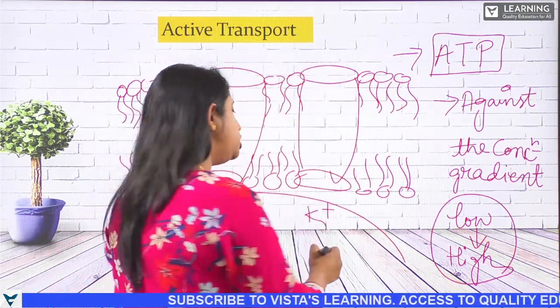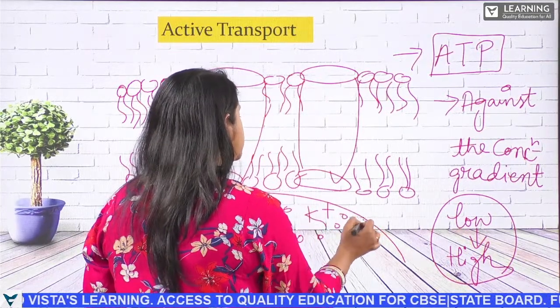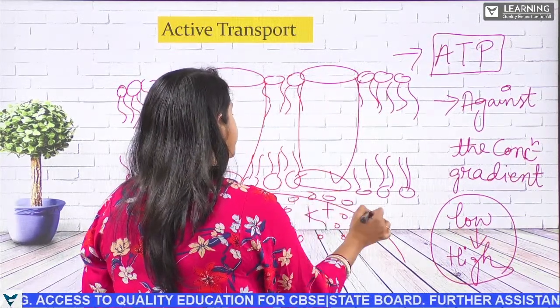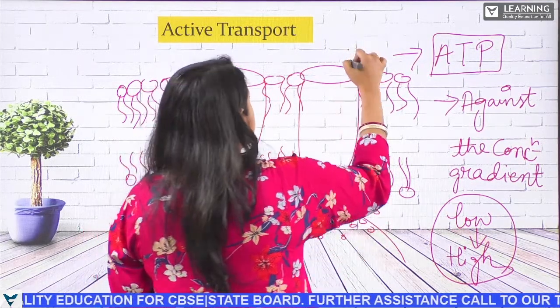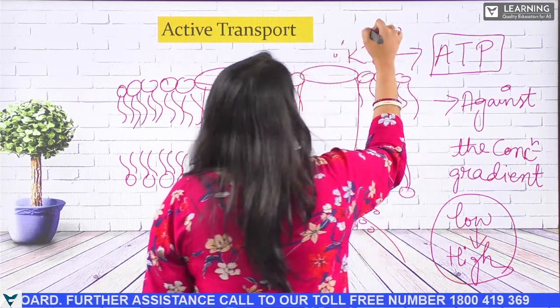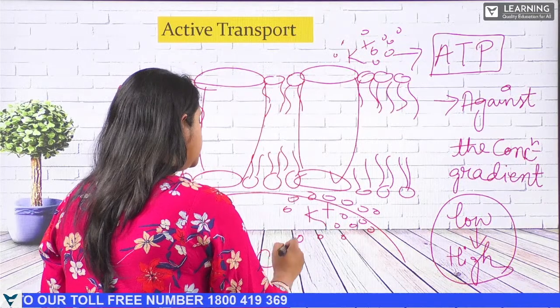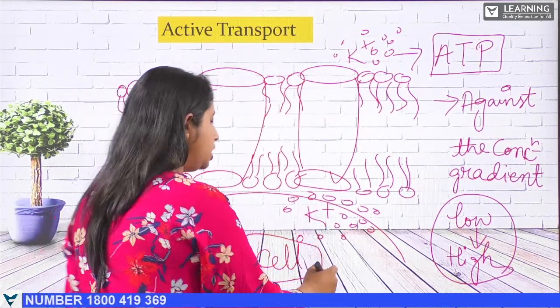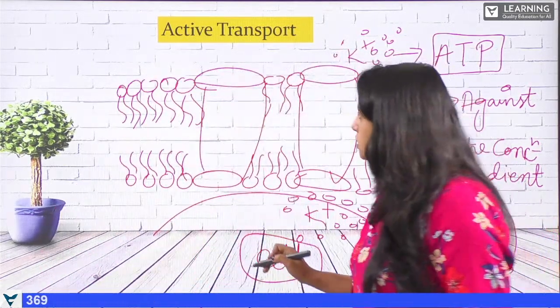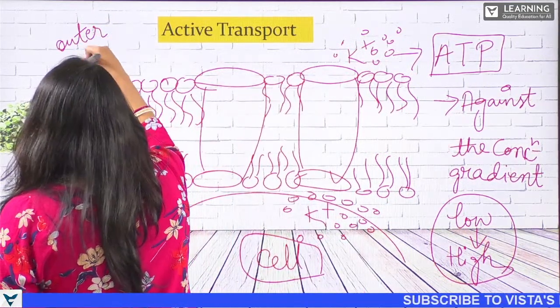So this potassium ion is present here, and it is also present outside. This is the inner membrane of the cell, and this is the outer membrane.